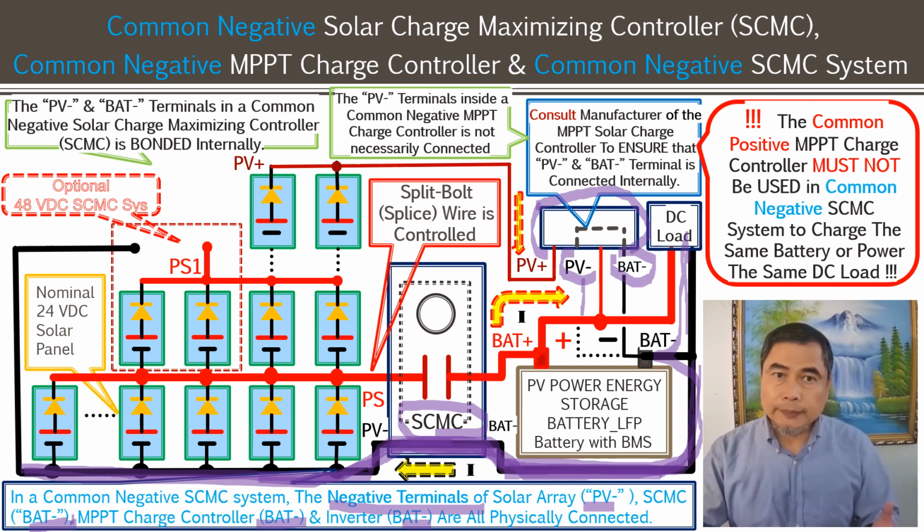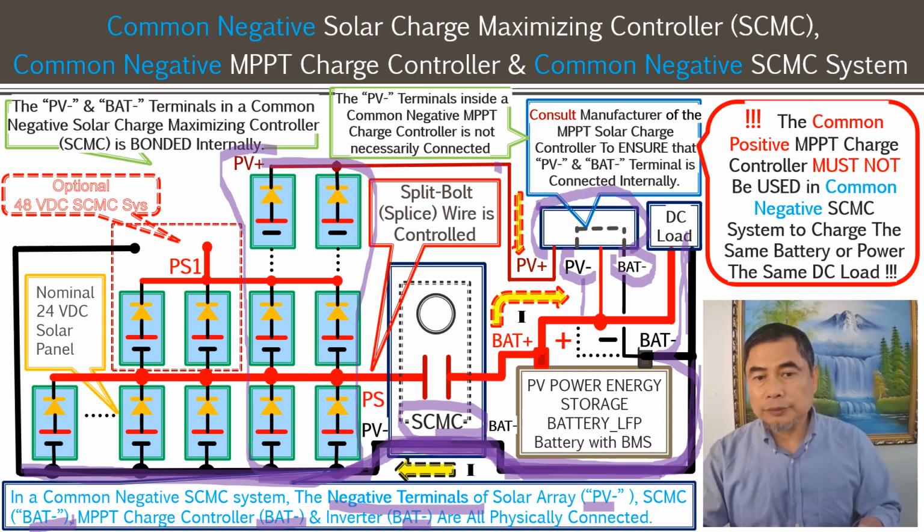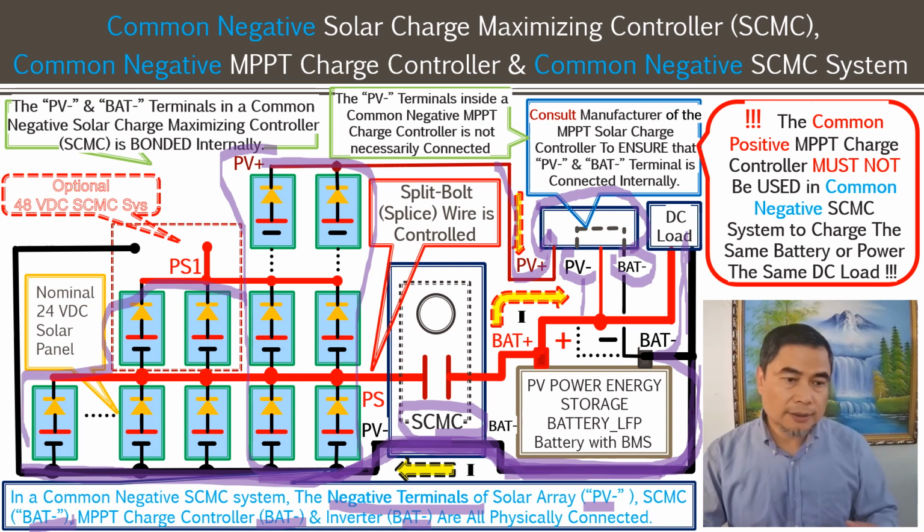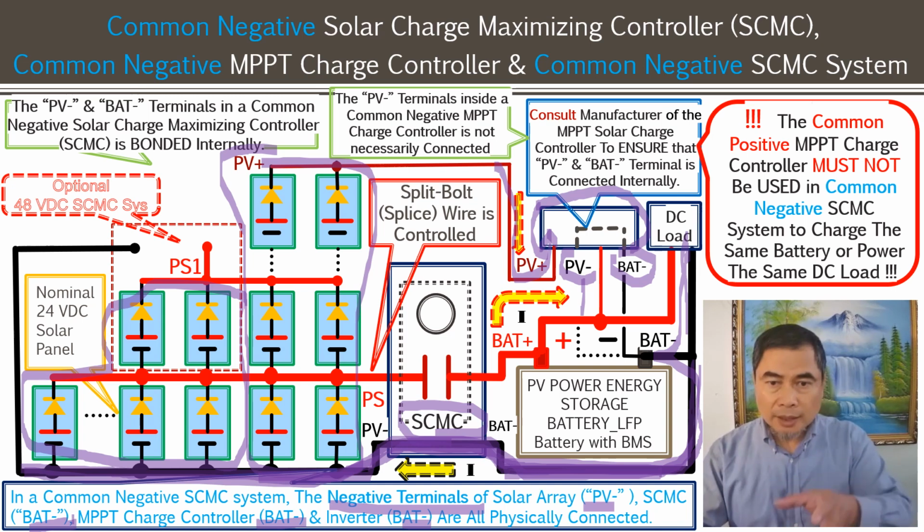It's working, and you probably have two series-connected strings, charging through that MPPT solar charge controller. You don't want to disconnect all those, and you just want to increase the capacity. You try to add more solar panels, and you got the solar charge maximizing controller. You want to figure out whether this is a common positive or negative. Here's another thing you can check.